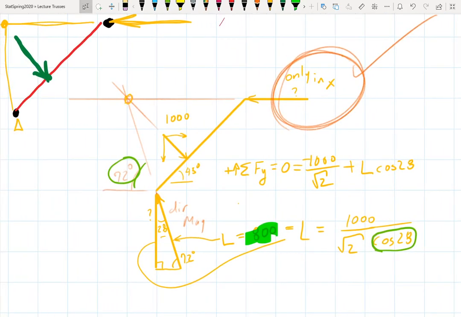So in other words, is that truly 72? And if it is, then I have a big blunder here that you probably may or may not have recognized, and that is 72 plus 28 isn't 90.